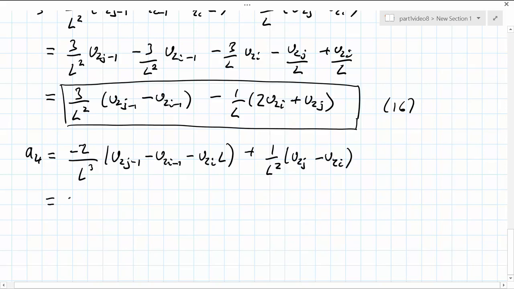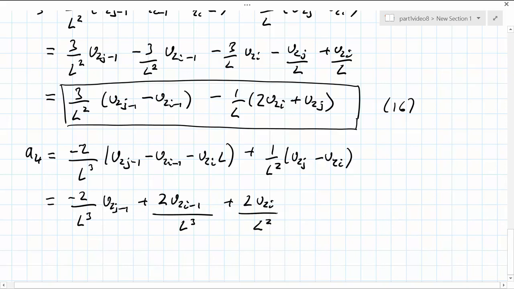That's then equal to minus 2 over L cubed U2j minus 1 plus 2 times U2i minus 1 over L cubed plus 2 times U2i over L squared plus u2j over L squared minus u2i over L squared.